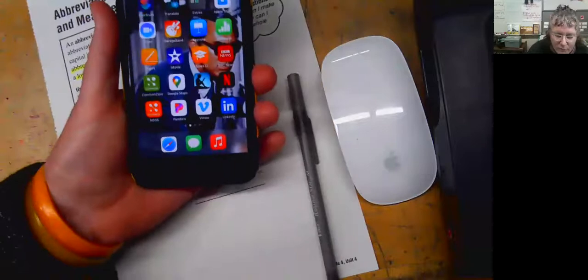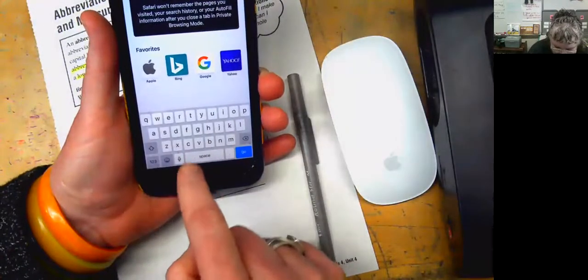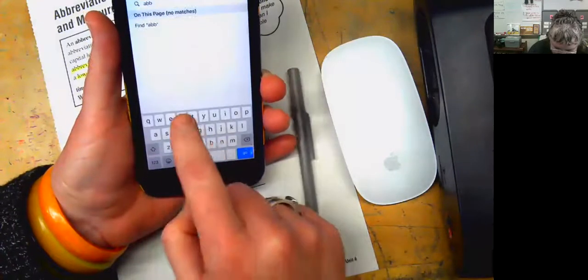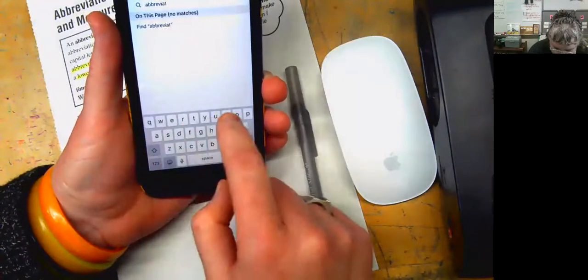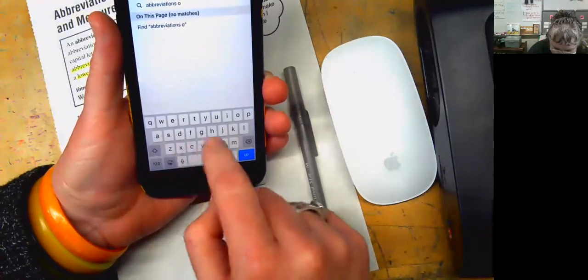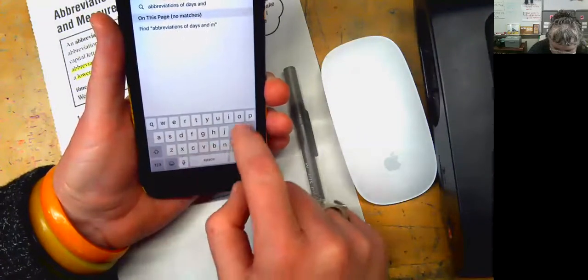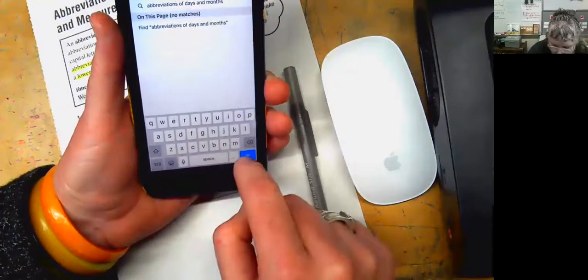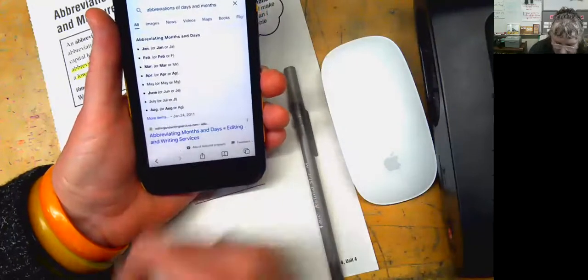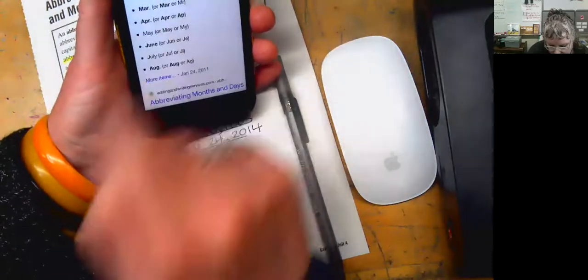So like I have my phone, I can go into Safari and I can search abbreviations of days and months. And this is going to tell me all I need to know. So I can double check. Is April APR? Yes. Is November NOV?